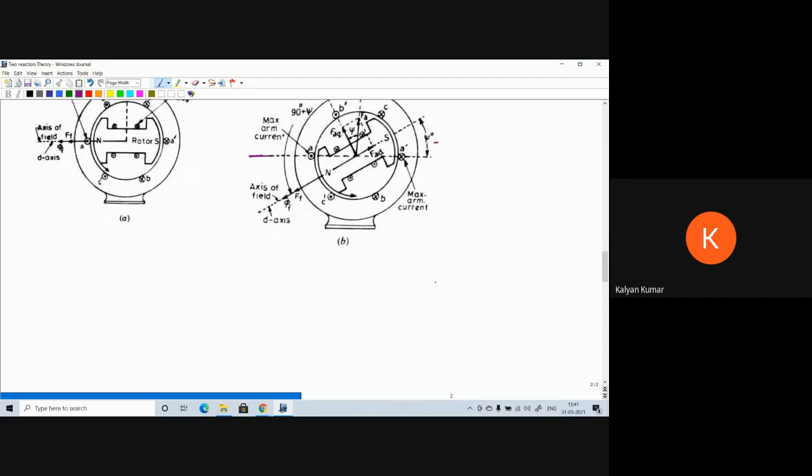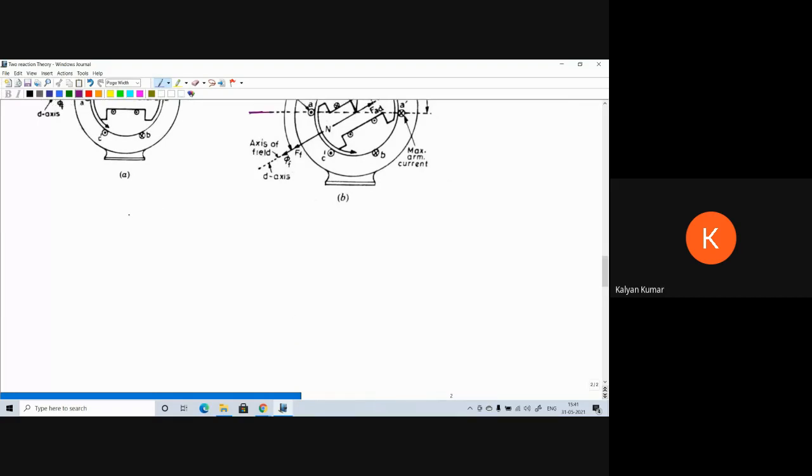Now, when we are having maximum armature current, this is the stator, this is D axis initially. Now the rotor has been moved by an angle of 60 degrees.